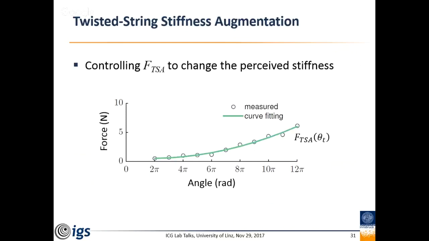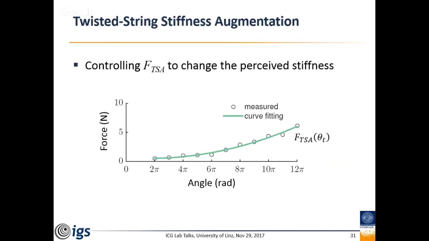To give you an idea of how the forces look, depending on this twisting angle, we twist this a couple of times, and this is the force that we generate. See here two points: first, it's nonlinear forces that we generate. Another important point is that this is the untwisted state, or maybe if we do some retwisting, maybe we start here.